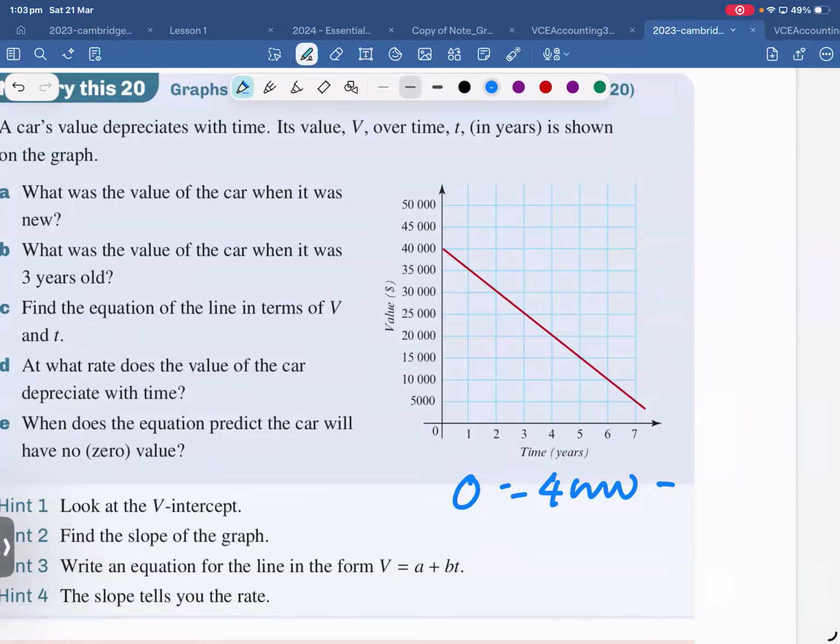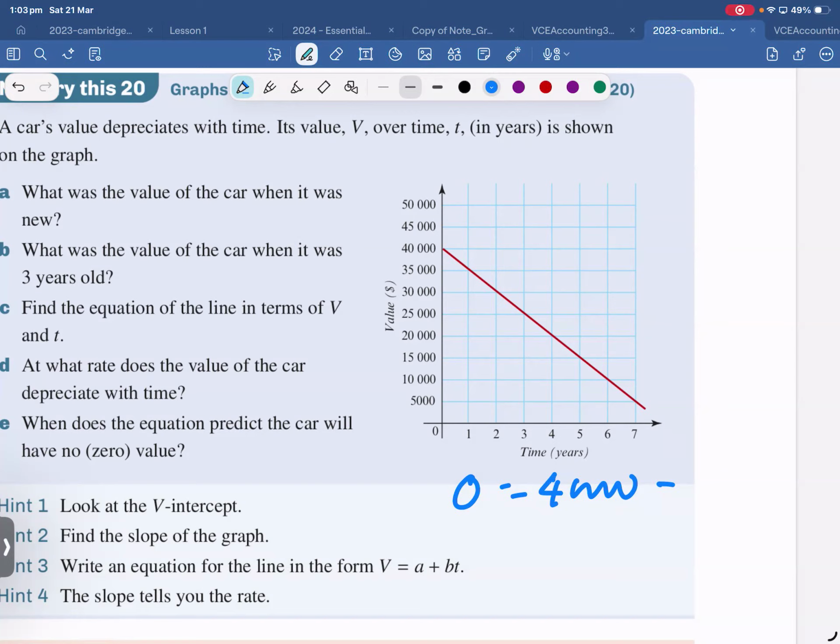No, not 1,300. This one is not 3,500, yes? 35,000.